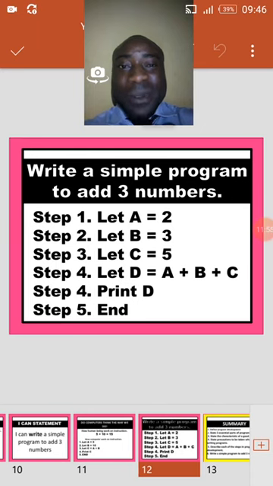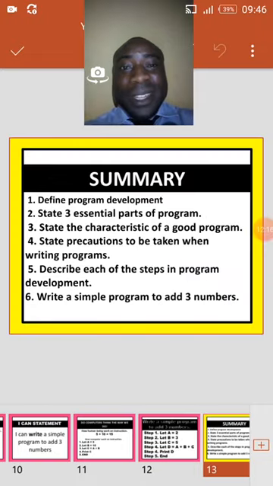So anytime you are working on computer and you see any program working well, it means a programmer has put in many efforts to work that out. And that is what we are trying to understand today. Alright. In summary of everything today, we look at program development, where we say program development is a step-by-step method a programmer follows to write instruction for the computer.